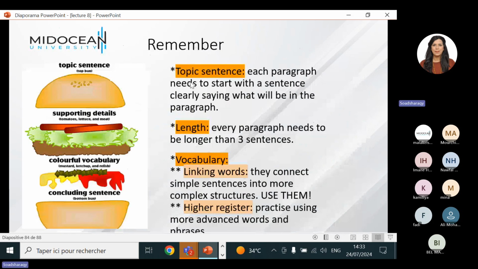Remember now, topic sentence. Each paragraph needs to start with a sentence clearly saying what will be in the paragraph. Okay, here as you see, the topic sentence. Length. Every paragraph needs to be longer than 3 sentences.